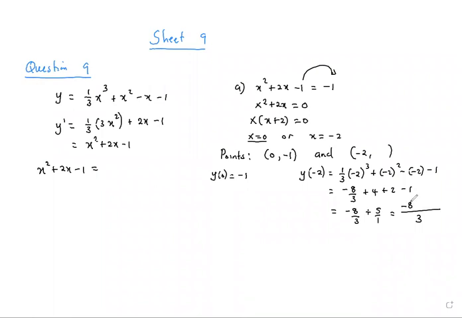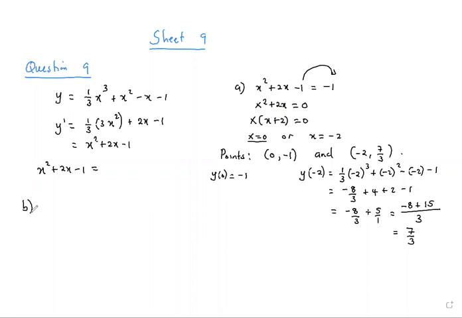Then we have -8 plus 15, which is 7, so 7/3. So those are the points at which the slope to this equation is going to be -1.